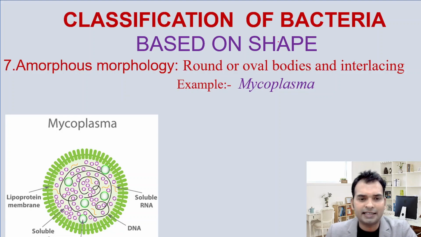And the last is amorphous morphology, meaning round and oval bodies. Here I have taken the example Mycoplasma. The main feature of Mycoplasma is the absence of a cell wall.